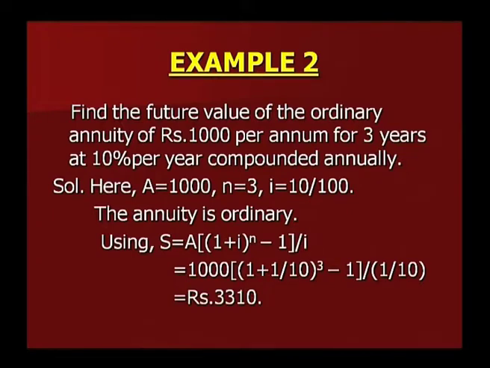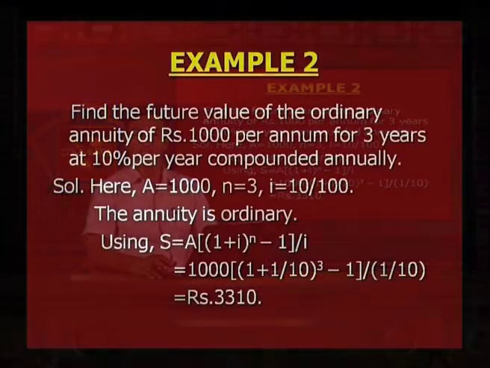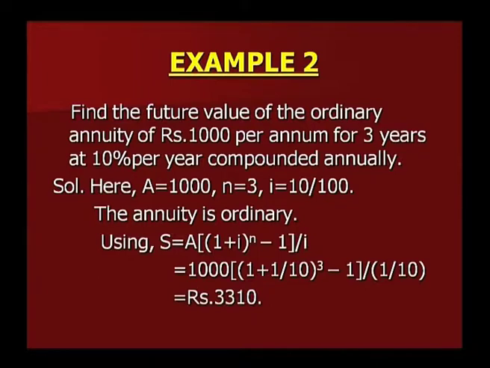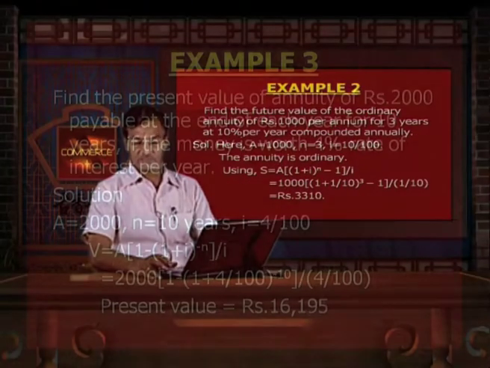Therefore, using S is equal to A 1 plus I to the power n minus 1 whole divided by I, we find 1000 multiplied by 1 plus 1 upon 10 to the power 3 minus 1 whole divided by 1 upon 10, that is equal to 3310. Here we have calculated the value of the annuity in 3 years. So, 1000 rupees per year amount to rupees 3310. Here one gains the 310 rupees.